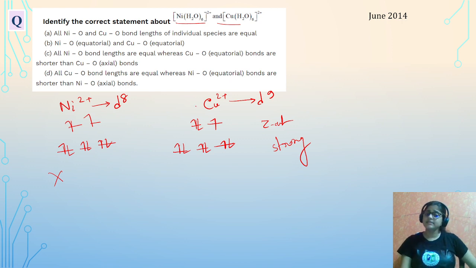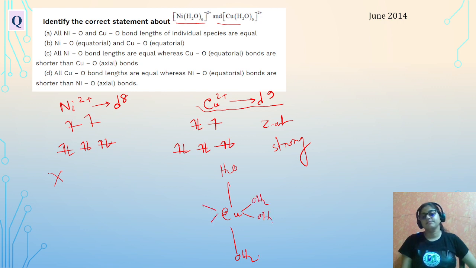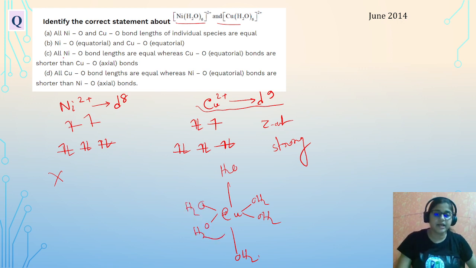So no distortion means all Ni-O bonds will be the same. But in this case, two axial bonds are longer. This is Z out. The structure will be like this: copper, let's say this will be H2O, this will be H2O, and the rest of the bonds will be shorter. So which option will be correct?